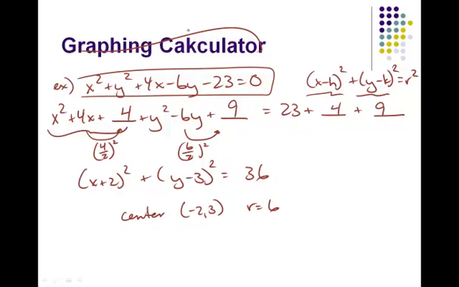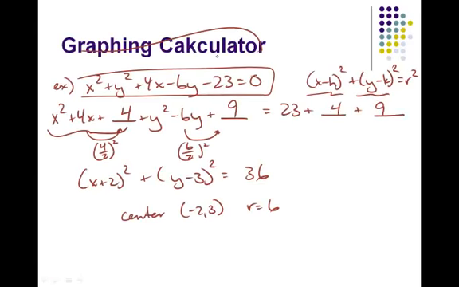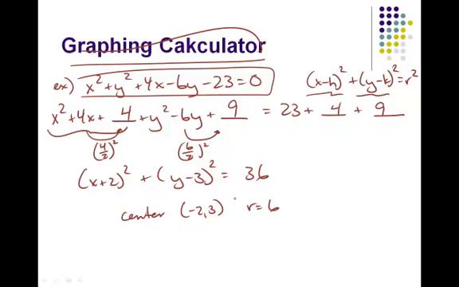In order to change this equation to something that can go into a calculator, remember with your calculator you need y equals. So there are a couple of ways to deal with this.